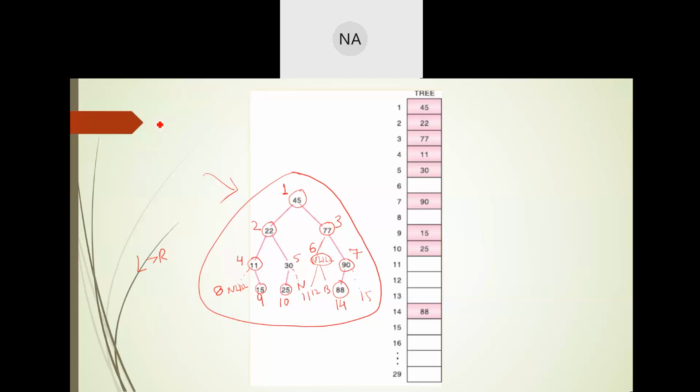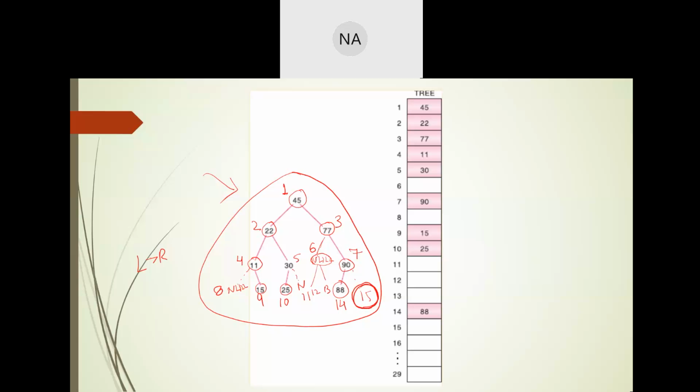Once you have assigned numbers, you can create an array of size equal to the last number, the number of the rightmost leaf of the binary tree. The number of the rightmost leaf node is 15, so you require at most 15 cells. You require an array of size equal to 15.